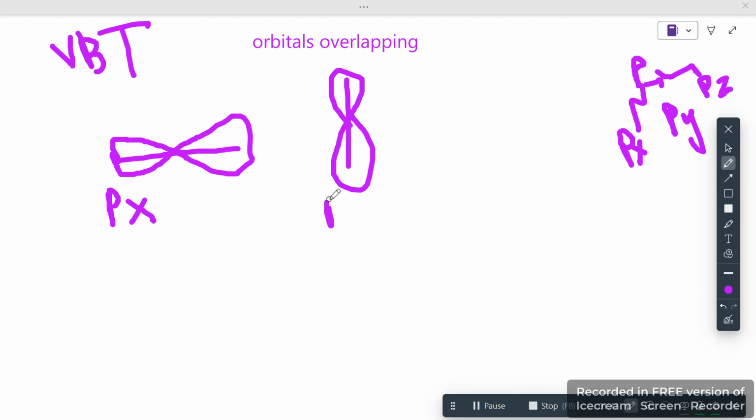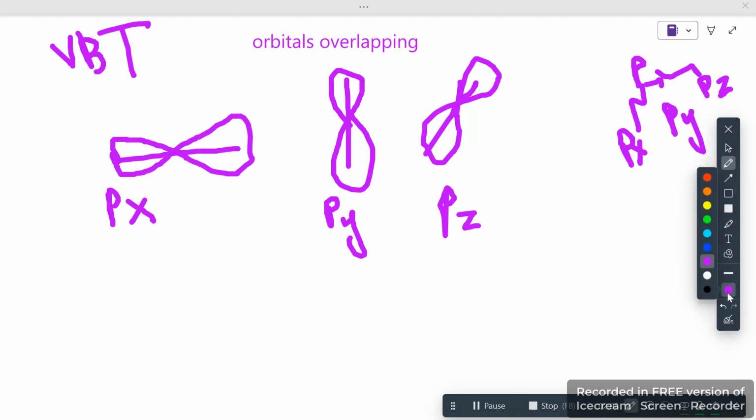Then the little curve-like structure, this is known as pz. So these three are the orbitals. Now we are discussing the overlapping between them, the partial meeting.